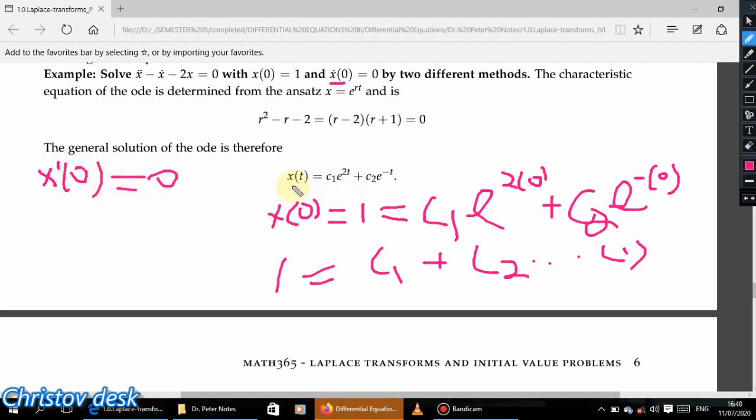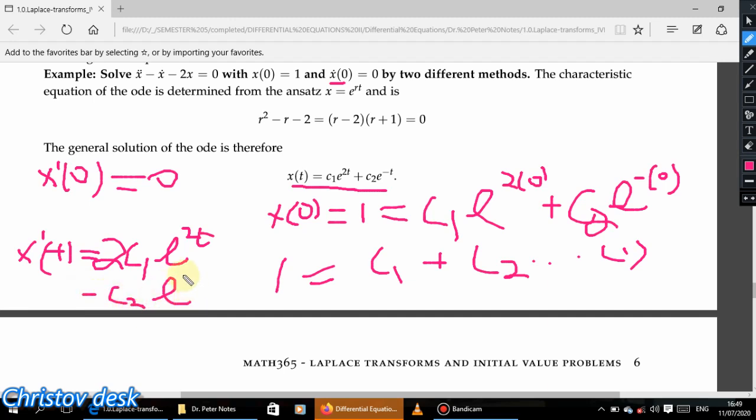So it means you have to find x prime of t of this equation, which is equal to, we are differentiating this with respect to t, so 2 will come down, so we have 2 c1 e raised to the power 2t. All right, then remember negative 1 will come down, so we have minus c2 e raised to the power negative t.